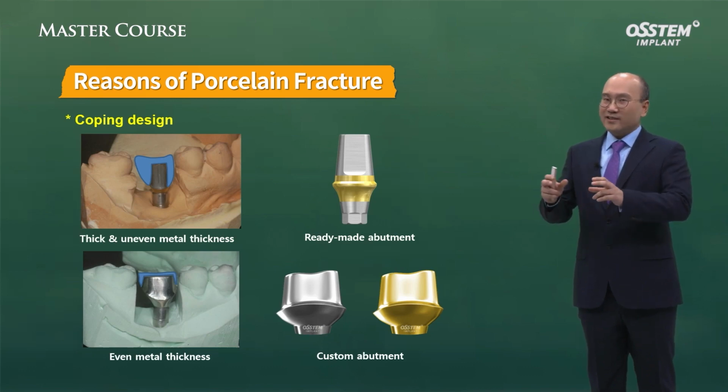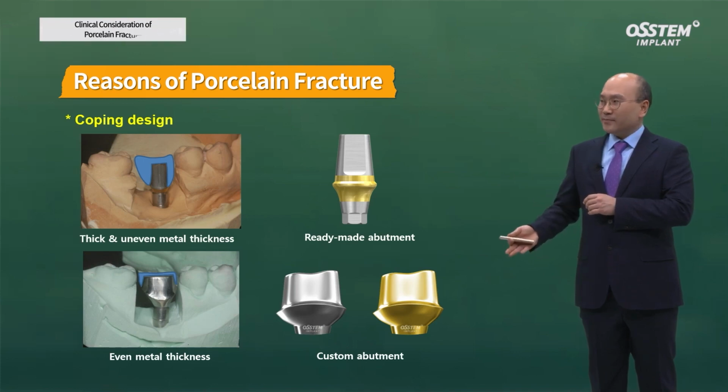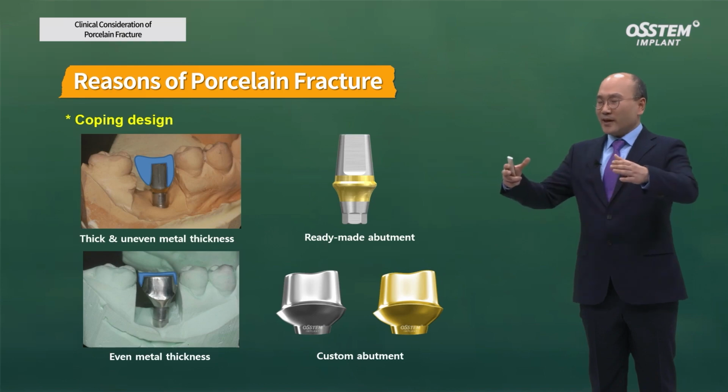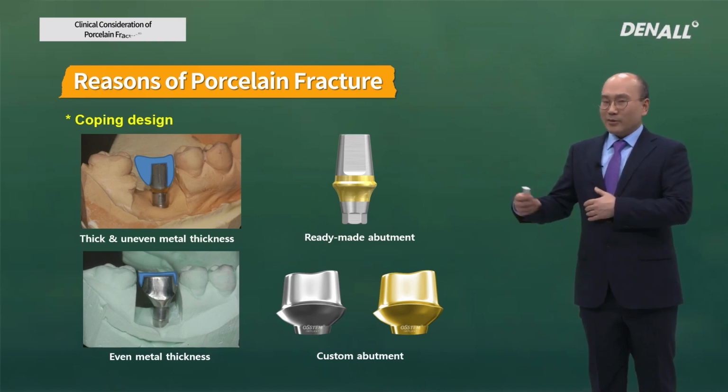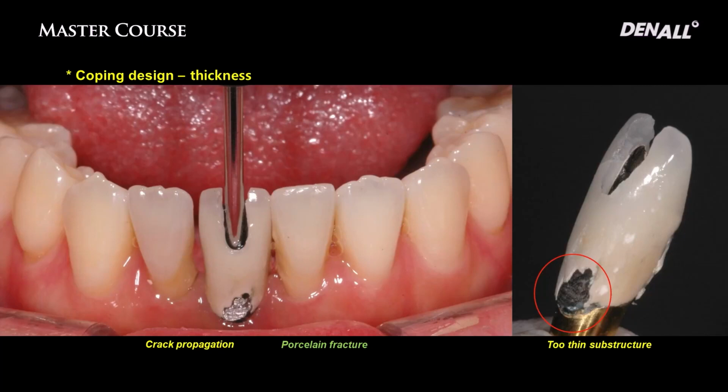And if it's a small substructure with the porcelain in different thicknesses, the porcelain fractures. So nowadays, custom abutments are mostly used. You create an appropriate design and appropriate thickness, the prosthesis can be made with the custom abutment, and a better designed prosthesis will be the result.